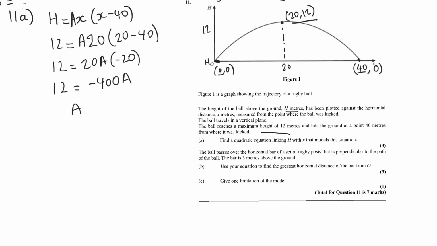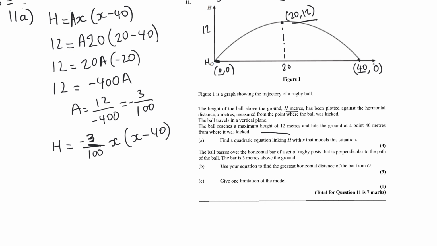So then a would be equal to 12 over minus 400, which simplifies to negative 3 over 100. So the final formula would be h is equal to negative 3 over 100 x, and then x minus 40. So that's our answer for part A.